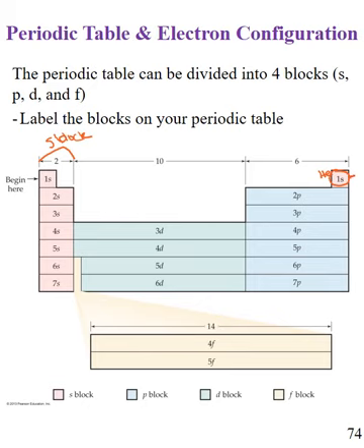Now, if I looked at the S subshell, how many orbitals does it have? The S only has one orbital. So that means you can only put 2 electrons in there, correct? Now if I look on the periodic table, you'll see we have a total of 2 groups.